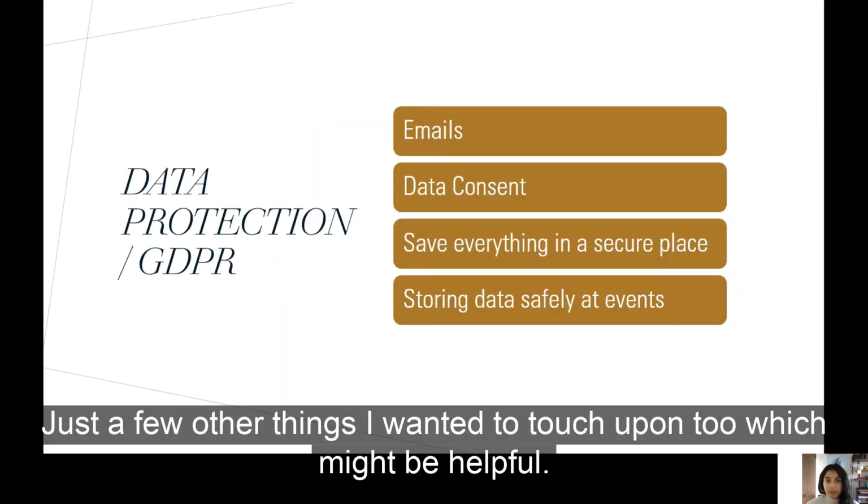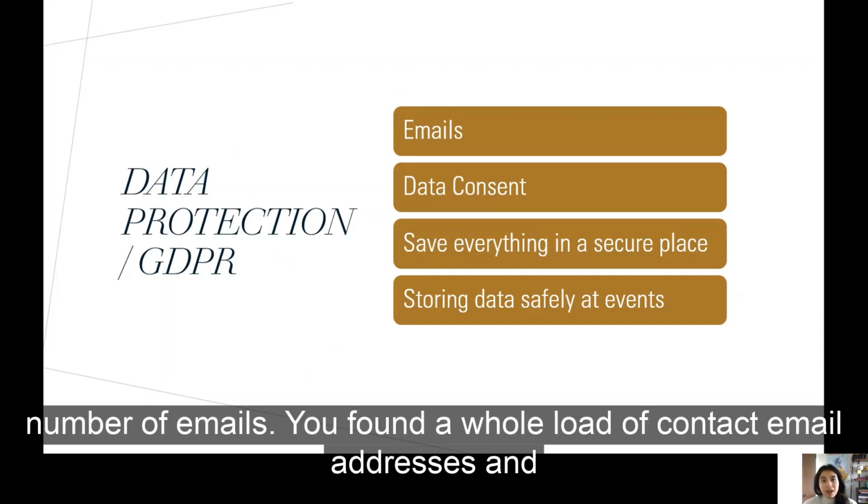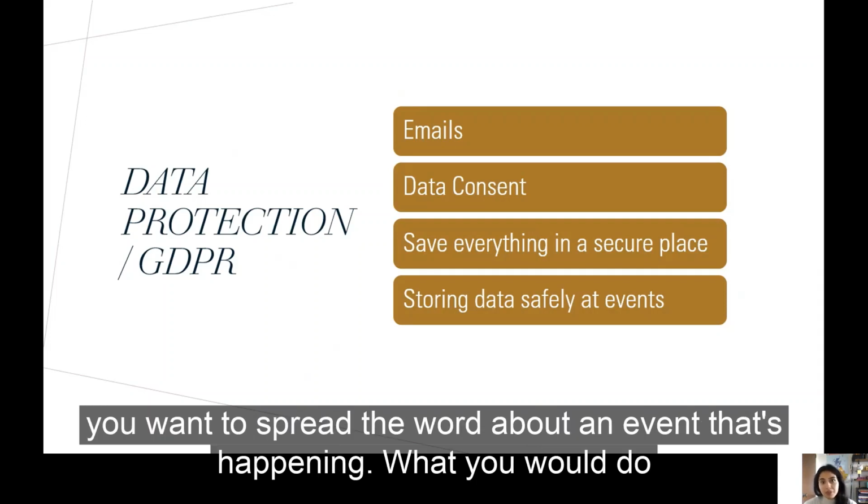Just a few other things I wanted to touch upon too, which might be helpful. Firstly, emails. So let's say you wanted to send a group email out to a number of emails. You found a whole load of contact email addresses and you want to spread the word about an event that's happening.